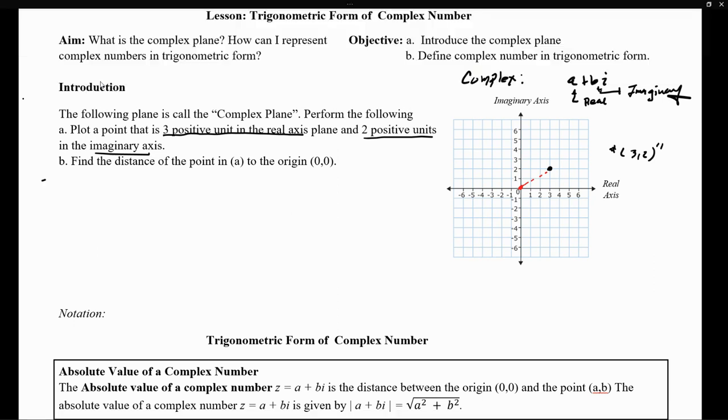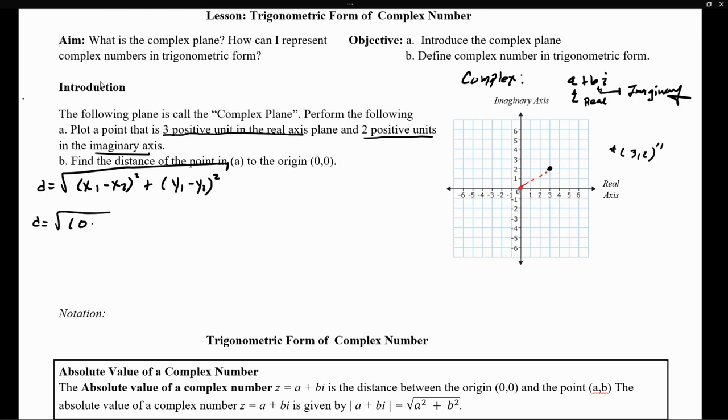For recall that the distance formula is defined as the square root of x1 minus x2 squared plus y1 minus y2 squared. And at least my x1 and y1, I'm going to make it the origin, and my x2, y2, I'm going to make it the point. So let's find that distance.